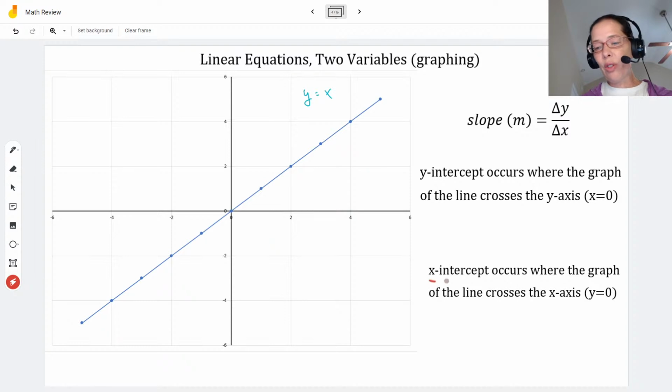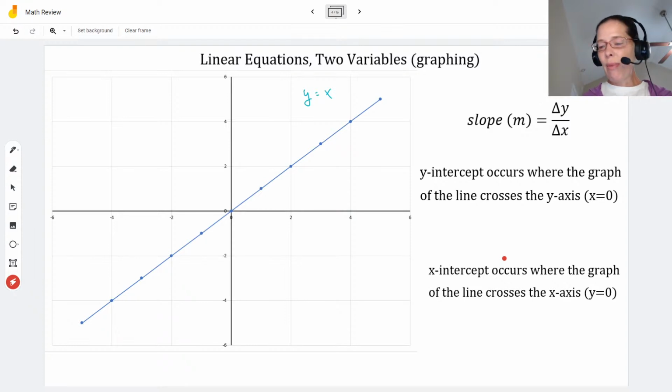Now, this is also true for the x-intercept. Again, this is where the line is going to cross the x-axis, which is right here. And the nice thing about this line is it crosses both the x and the y-axis at the same point, at the origin, 0, 0. But this is going to be where your y value is equal to 0. Now, in the next couple of slides, we're going to use the y-intercept much more than the x-intercept, but I thought I would just go ahead and throw both of them up there.